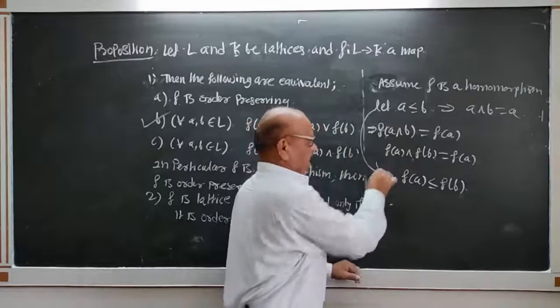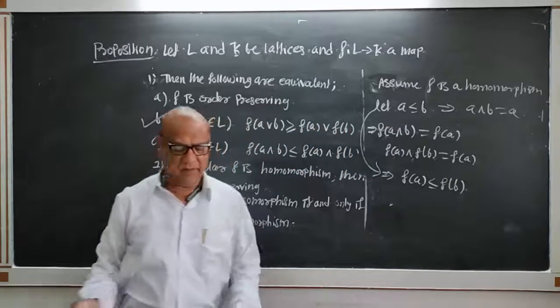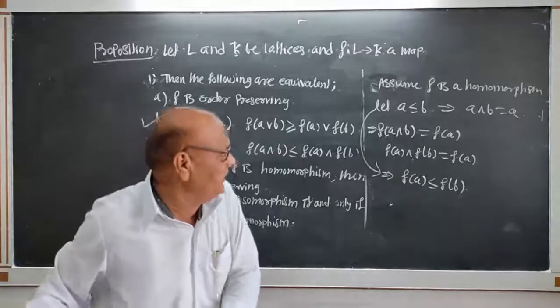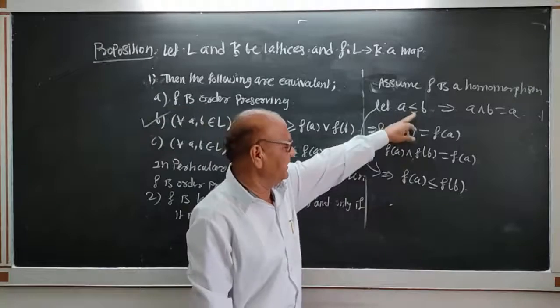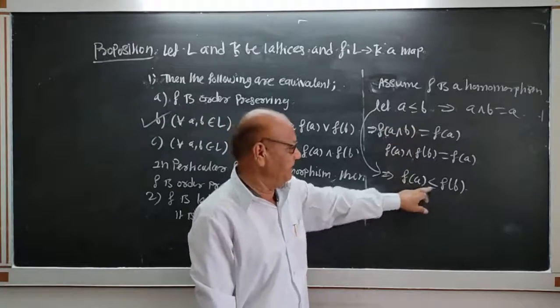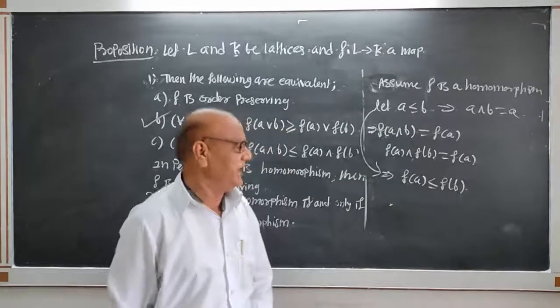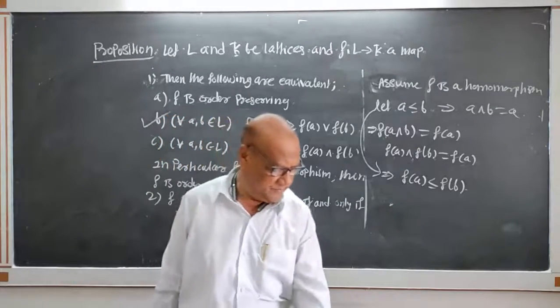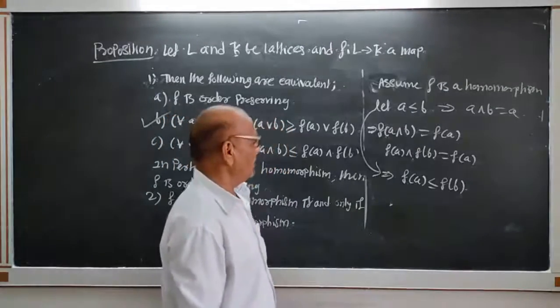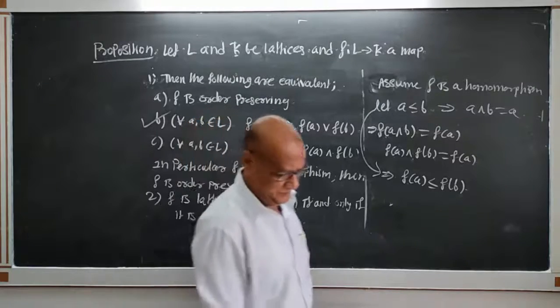That means if we take a related to b and show f(a) related to f(b), this gives order preserving.